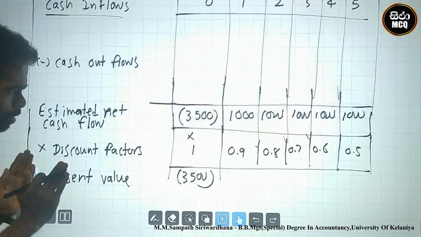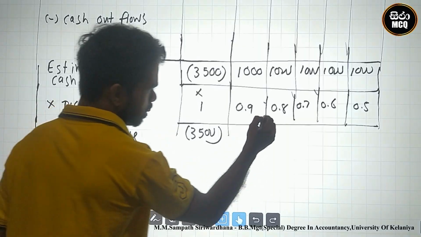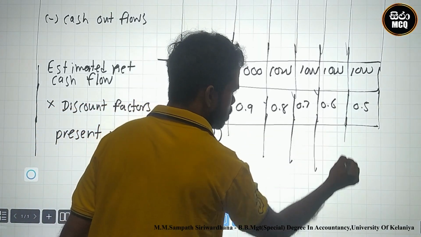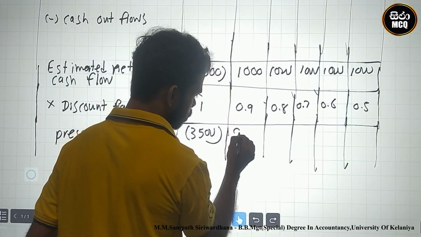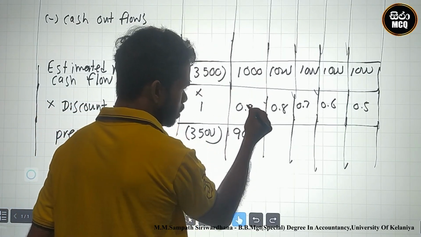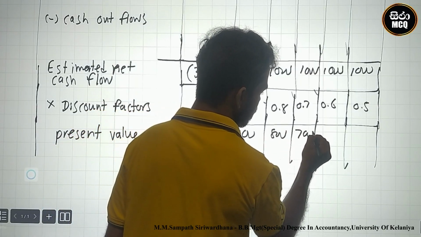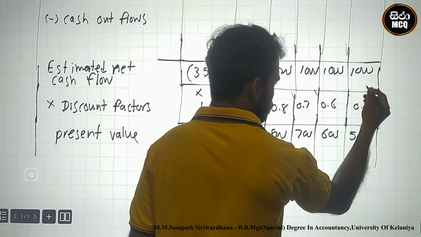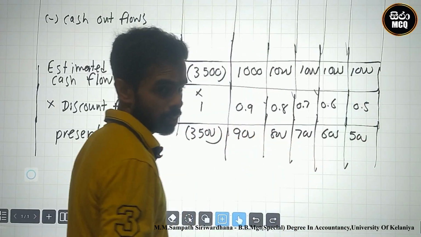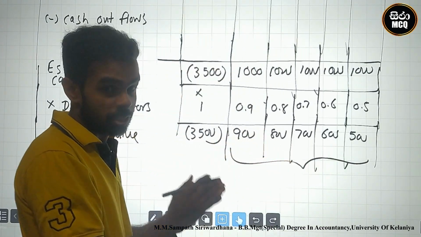How can we find the net present value? After multiplying by the discount factors, we find the present values. 1,000 multiplied by 0.9, then 0.8, 0.7, 0.6, 0.5. All the 1,000 rupees are multiplied by these discount factors. After that, we can find the inflow present values.